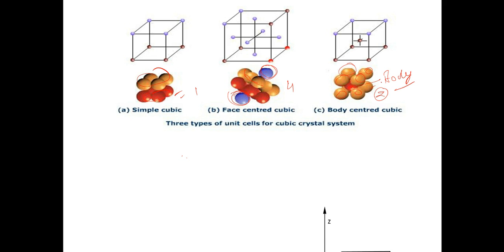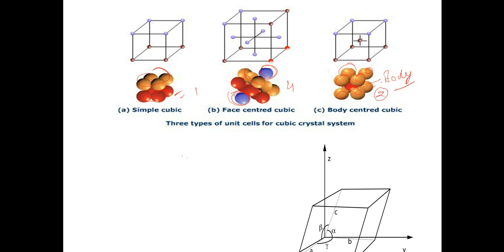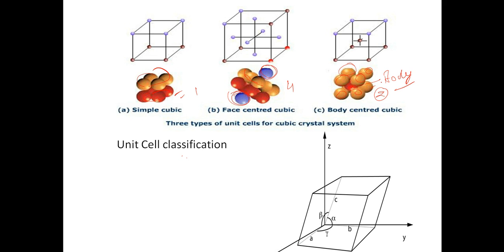Whenever we classify a unit cell, we can classify it by 3 parameters. These are the 3 parameters: first is crystallographic axis, axial length, and axial angle.